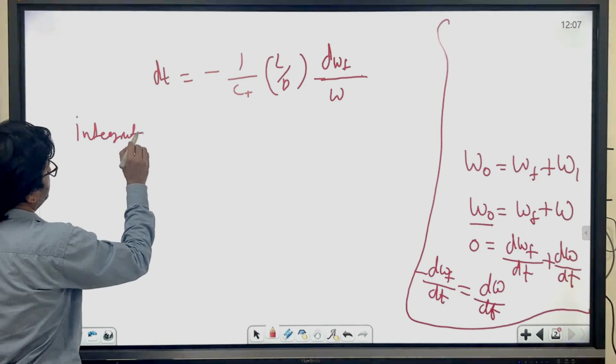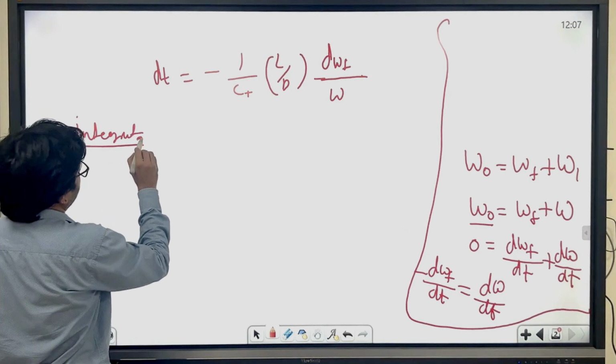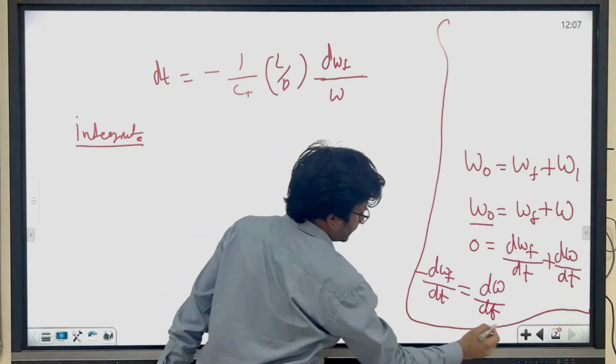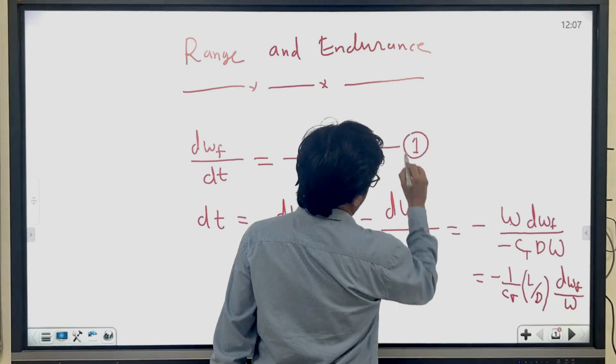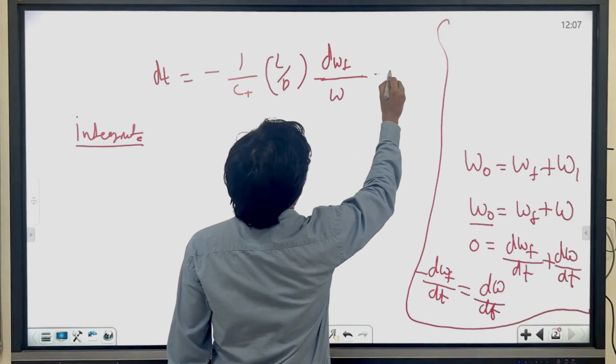Name it as equation 1 and this as equation 2.